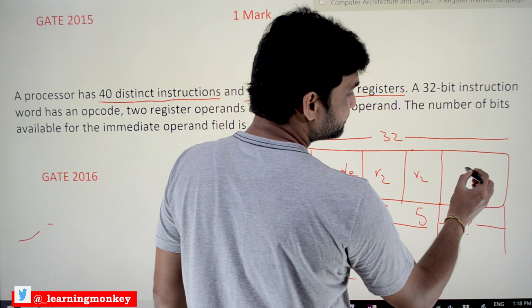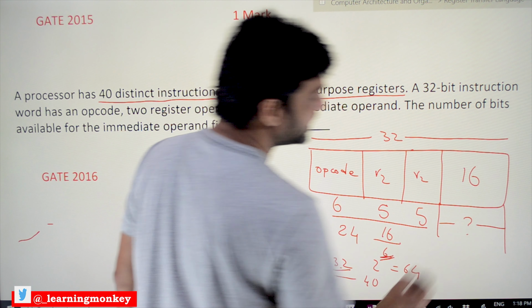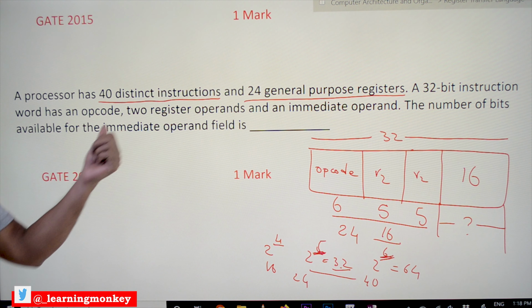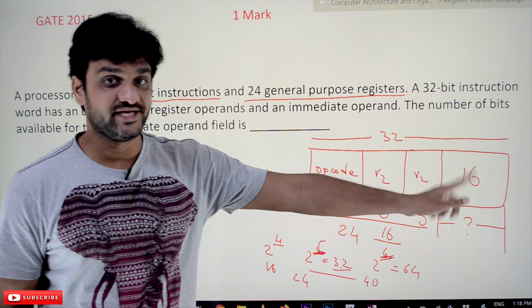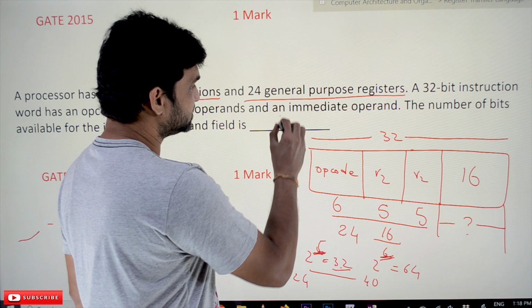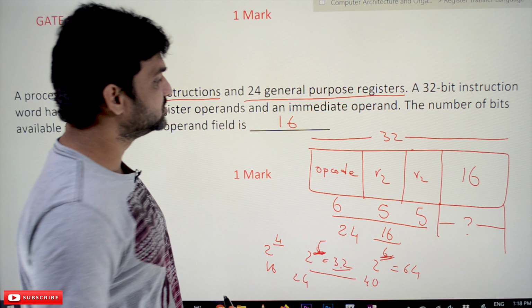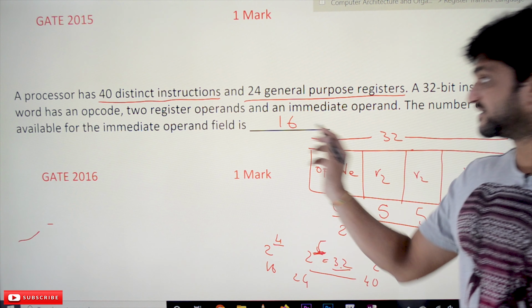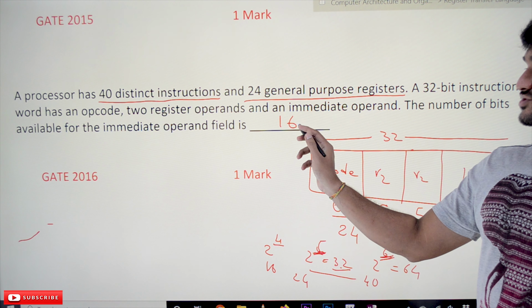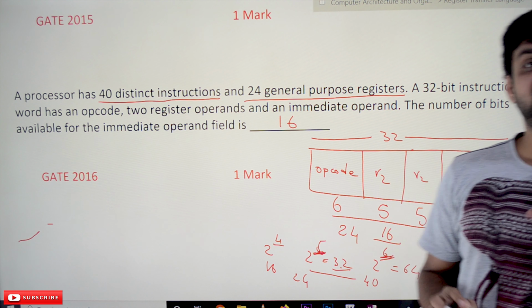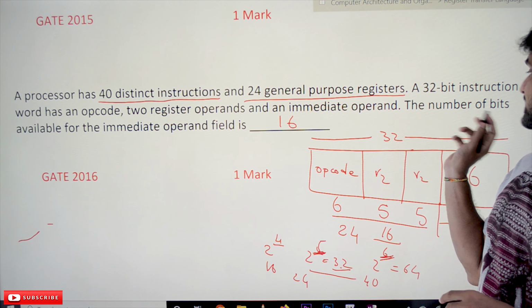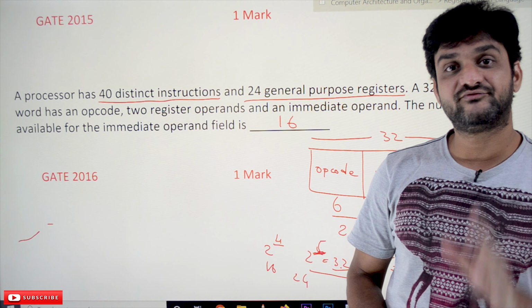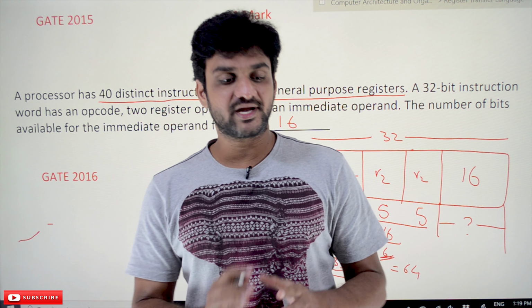And to represent the immediate operand, the number of bits available is 16. This is not a multiple choice question, so you have to type 16 in the blank. The right answer is 16 bits for the immediate operand field. Hope you got clarity on this concept.